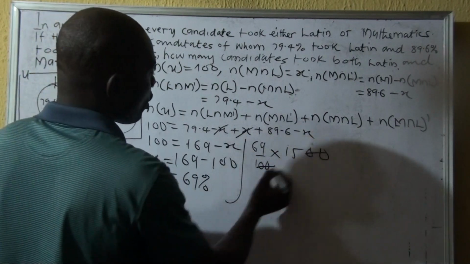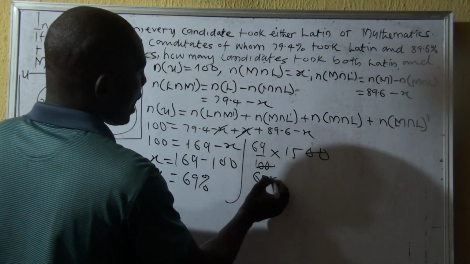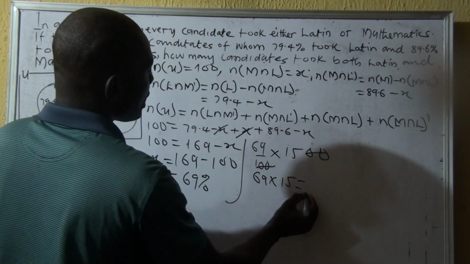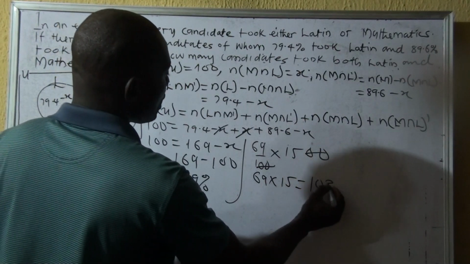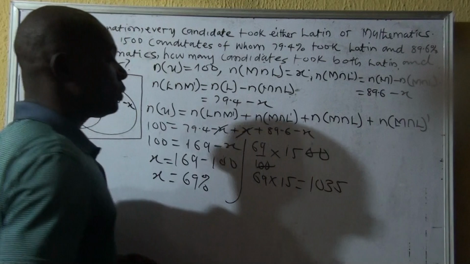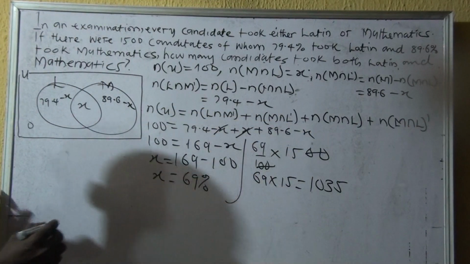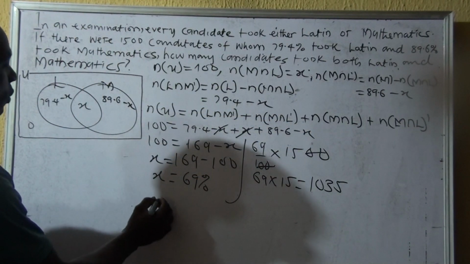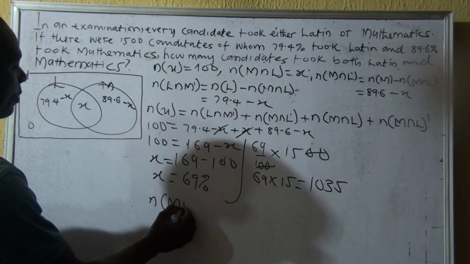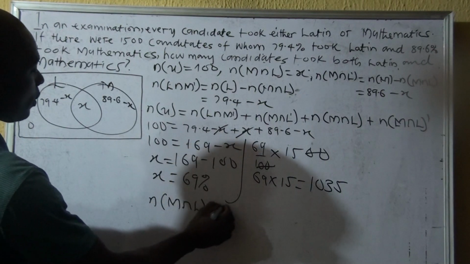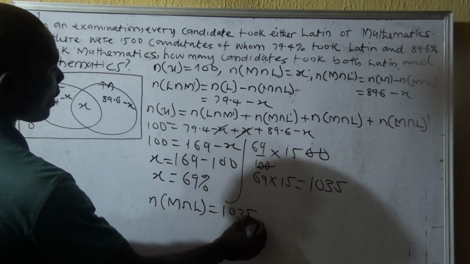So here 100 is off, and we have 69 times 15, and that will give 1,035. So the number of students that sat for both, that is x, the number of those who sat for both mathematics and Latin, is equal to 1,035.